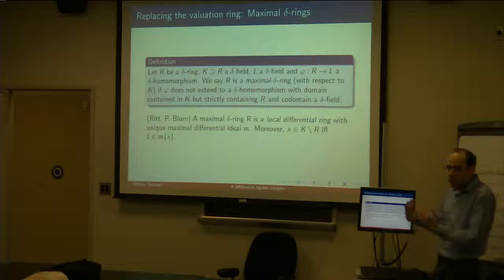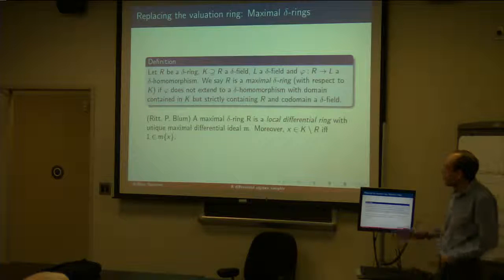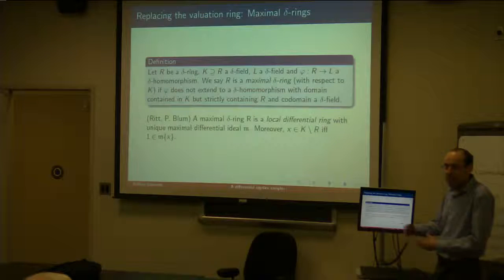It's in fact to show that there's a version of this method that depends purely algebraically on differential ideals. So we can eliminate reference to these maximal differential rings through just a little bit of model theory.